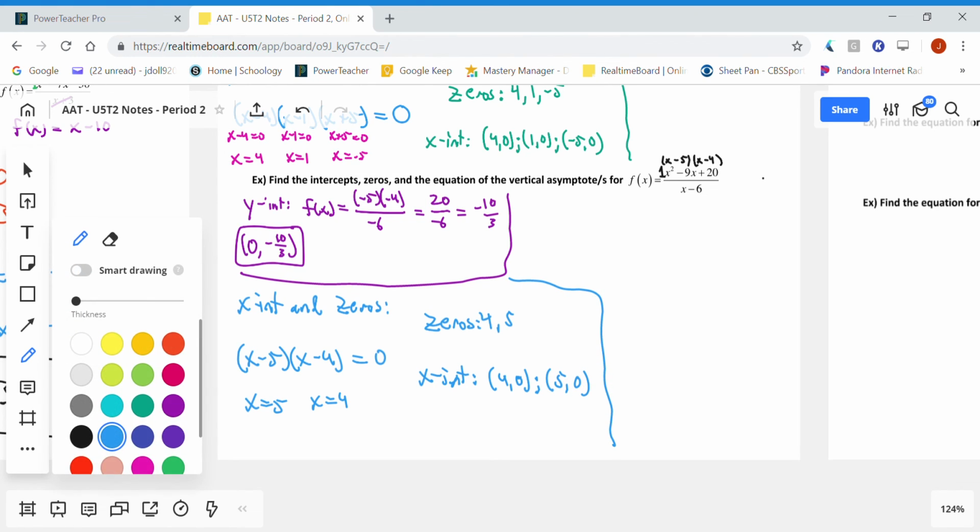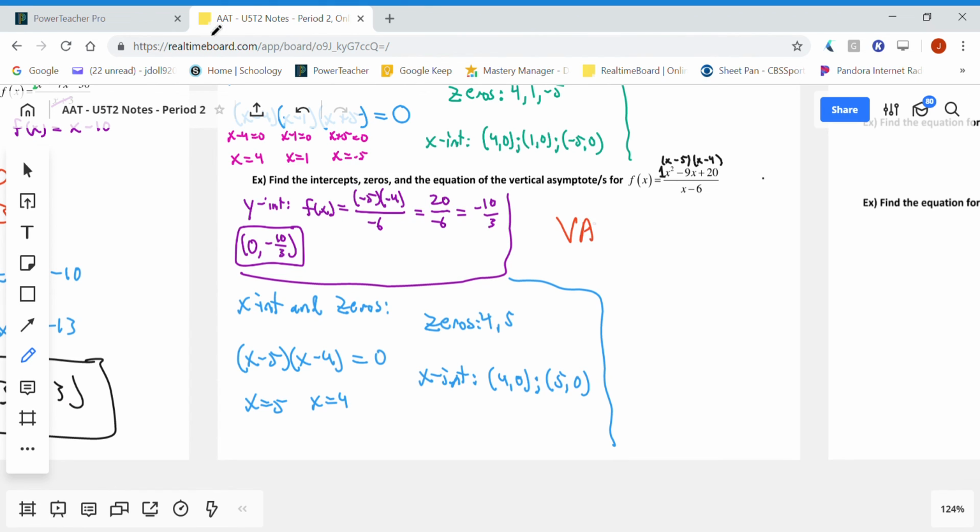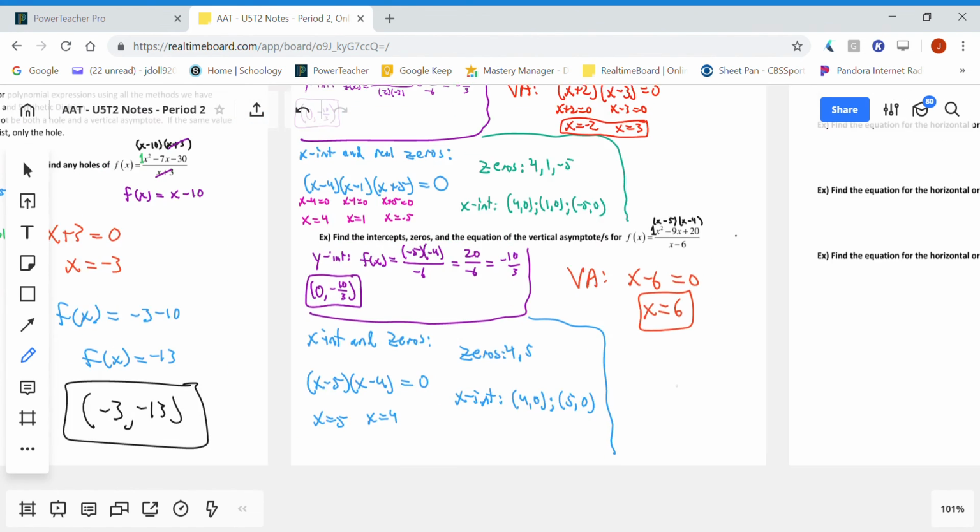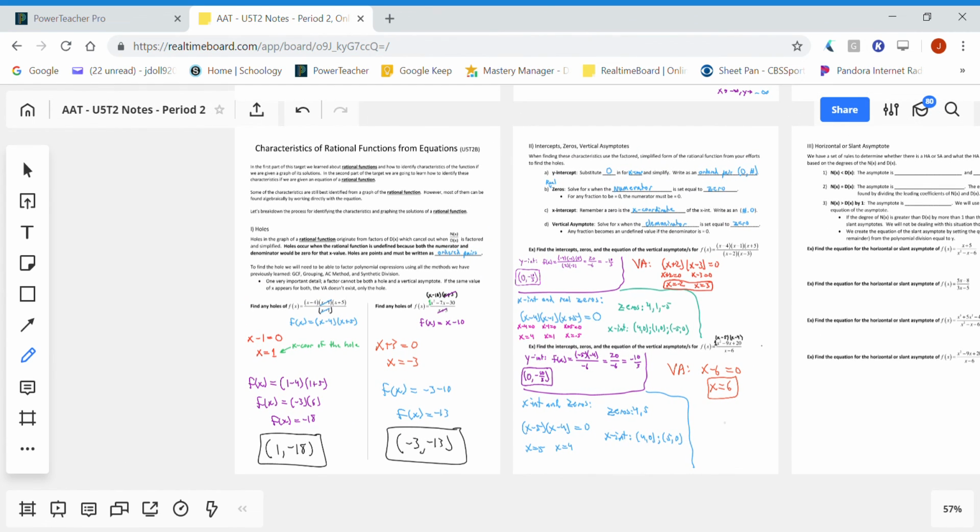Last but not least, our vertical asymptote. This one is pretty straightforward because there's only one binomial in the denominator, so it's just x minus 6 equals 0, so we can just add 6 to both sides, and we would have our vertical asymptote there.